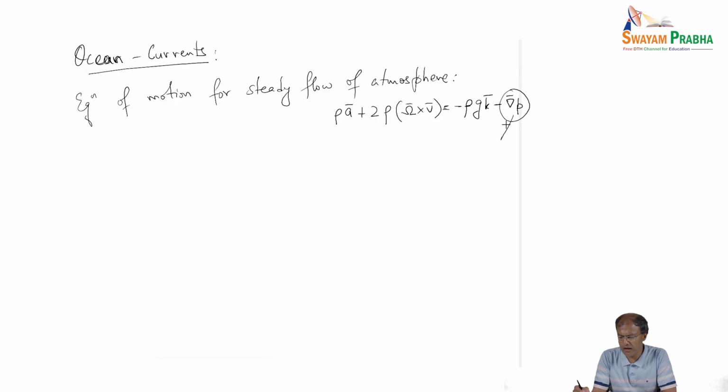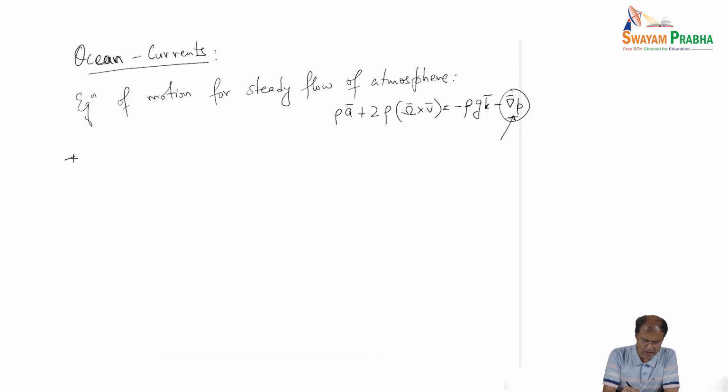So that is all taken care of by this extra term. So now we talk about the severity of motion or the severity of the currents based on the impact of this term versus the other terms.